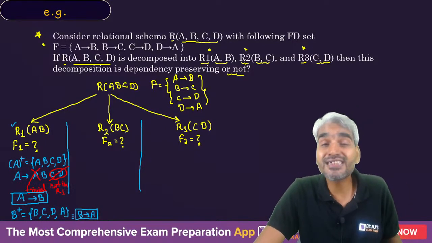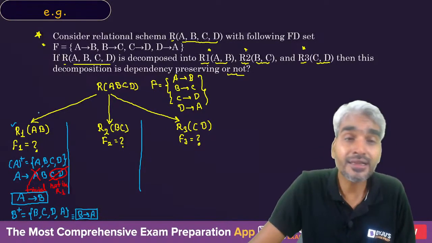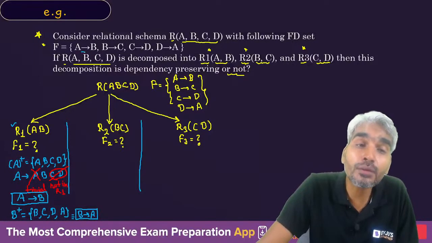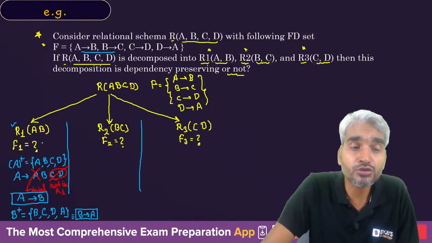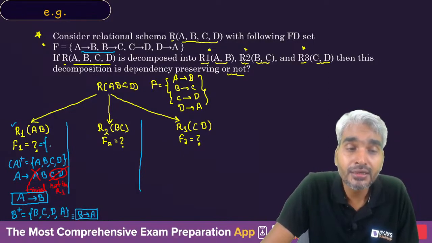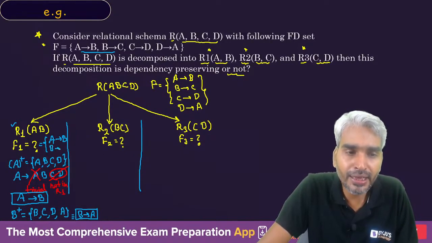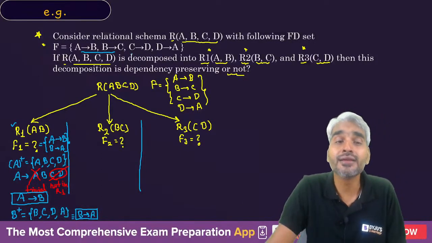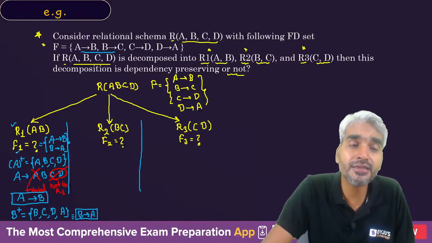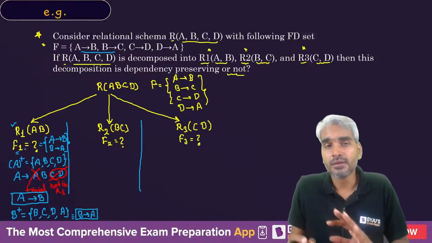Now you might say, sir, you just told us that FDs which are not present in the original FD set F cannot be a part of F1. So here you are saying that F1 will consist of two FDs, A implies B and B implies A, but in the original FD set, B implies A is not directly available. So how are you saying that B implies A may be present in F1?